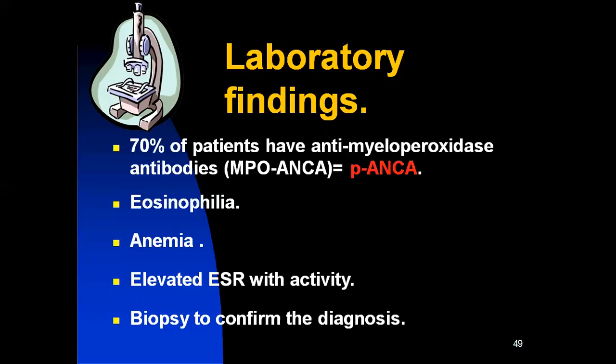In connection to laboratory findings, 70% of patients will have anti-myeloperoxidase antibodies, which are associated with the anti-neutrophilic cytoplasmic antibodies. Eosinophilia, anemia, raised ESR, and biopsy might be done to confirm the presence of the disease.